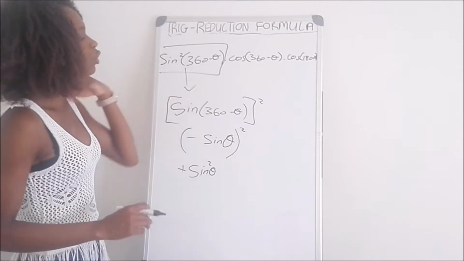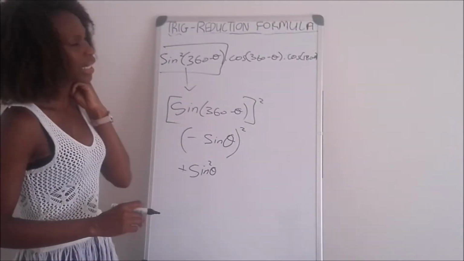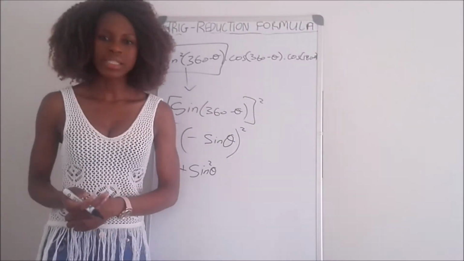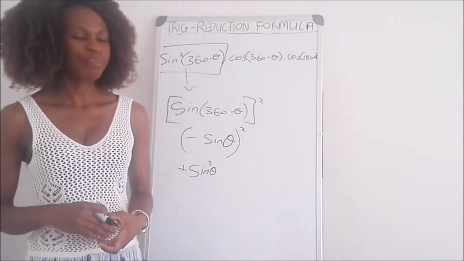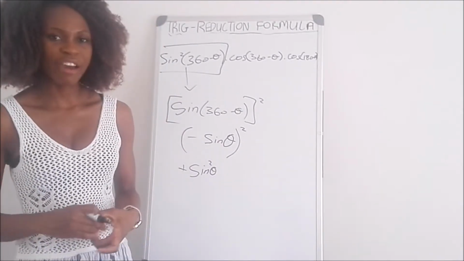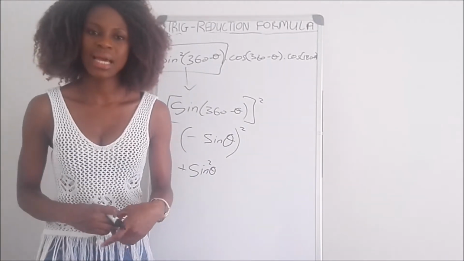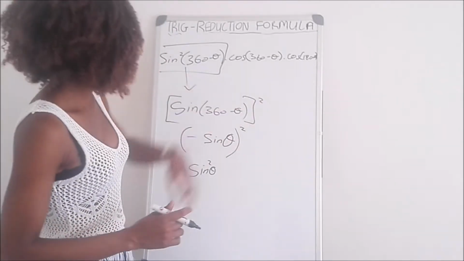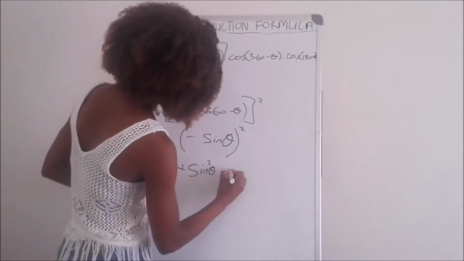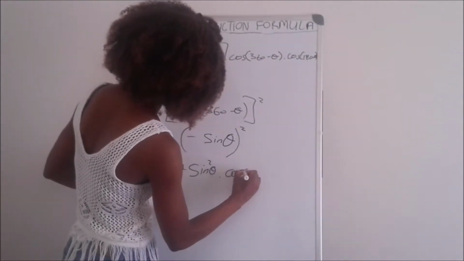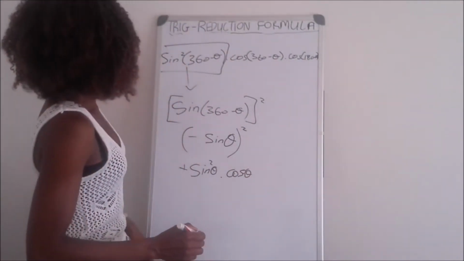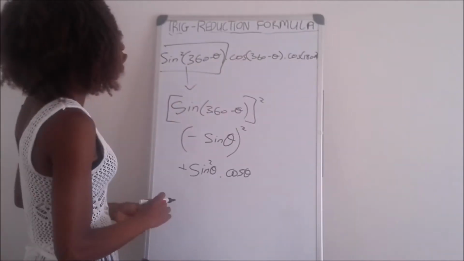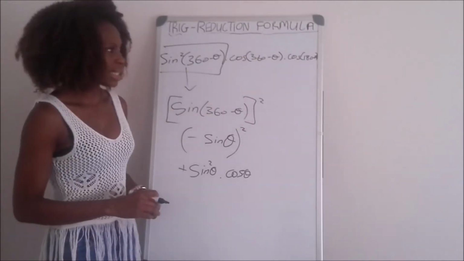Alright, coming to cos 360 minus theta, remember, cos is positive at the fourth quadrant, of which at the fourth quadrant we have 270 plus theta and 360 minus theta. That means that cos is positive there. Then we have multiply by cos theta, which is positive. And then coming to this one, which is cos 180 plus theta.